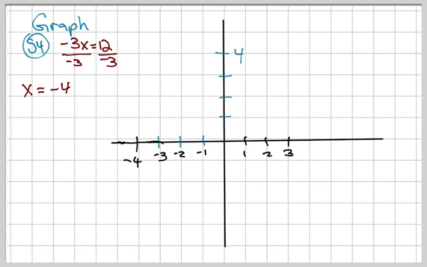Vertical. What did you guys do all weekend? Everybody's about to fall asleep. X equals -4. Unless you have a good reason, like me watching curling at 3 a.m. because it's the Winter Olympics, then you should be awake.